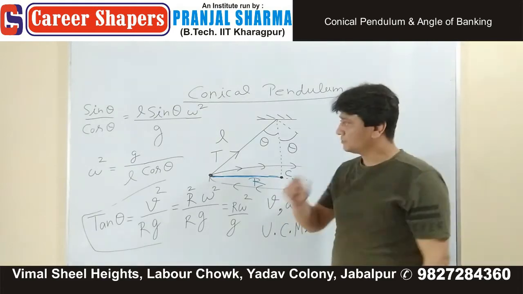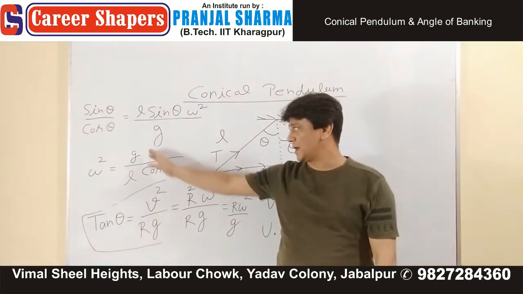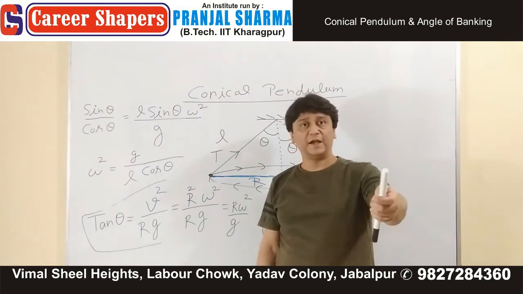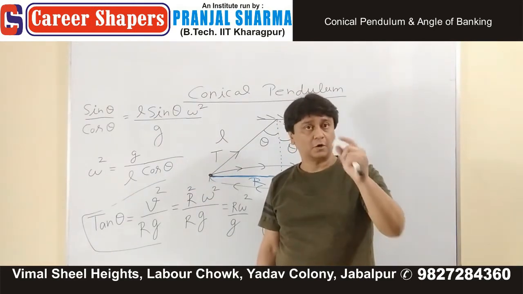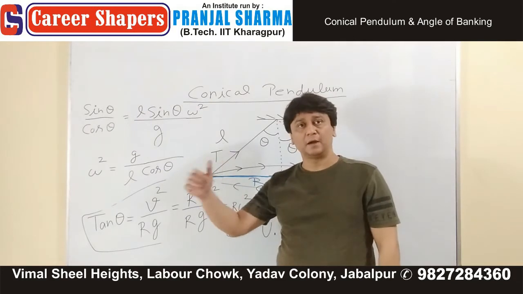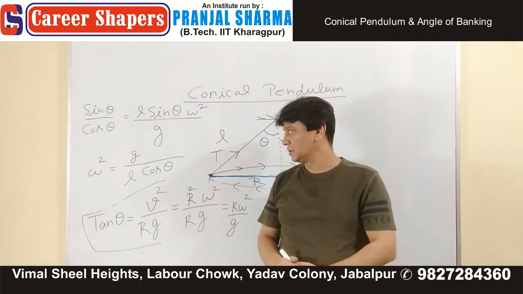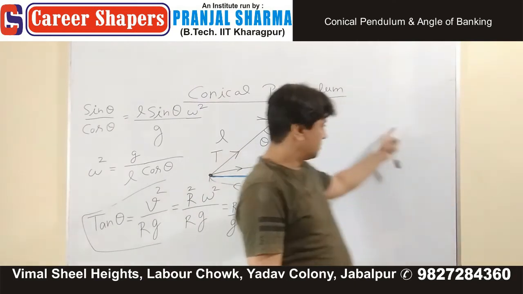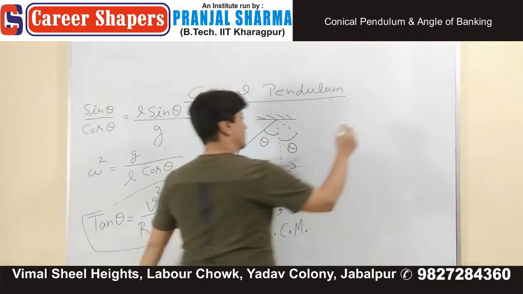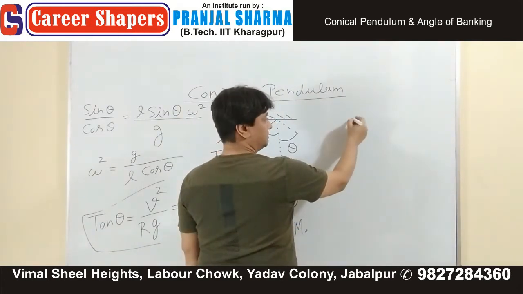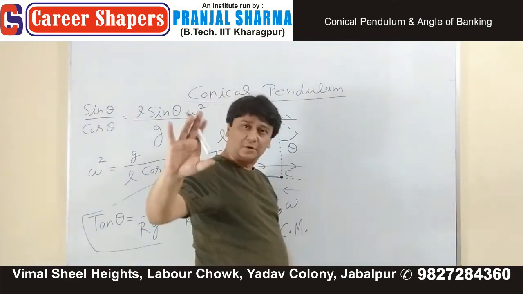So, we got omega square as g upon L cos theta. What do we have to find? Omega, which can make a cone or conical pendulum type of thing possible. Let's put the whole thing directly.